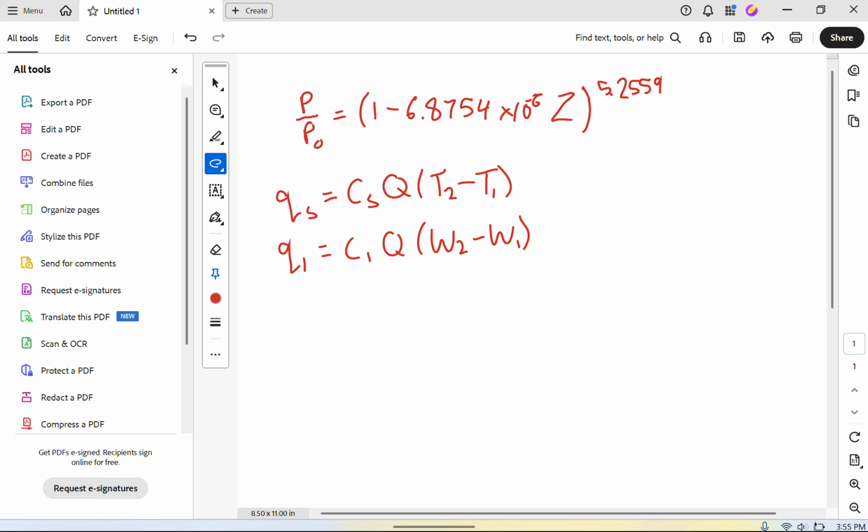So as you can see here, temperature actually plays no role, and relative humidity also plays no role. It's just a matter of how much moisture is pulled out of the air. Now in this case, we have our airflow again, and we have our latent heat transfer constant CL, and CL is equal to 4,840.